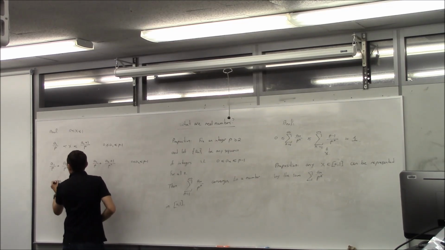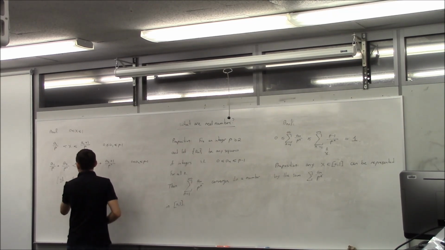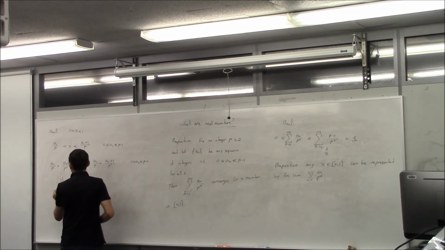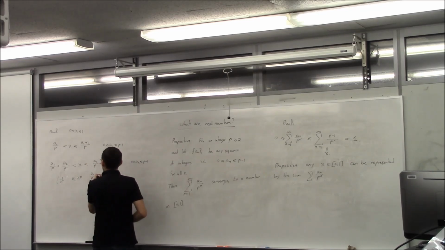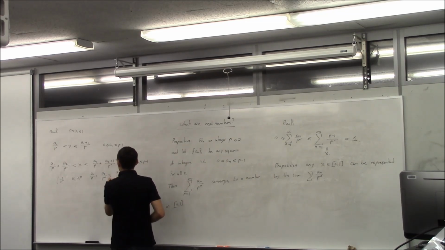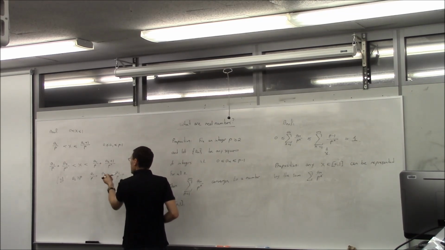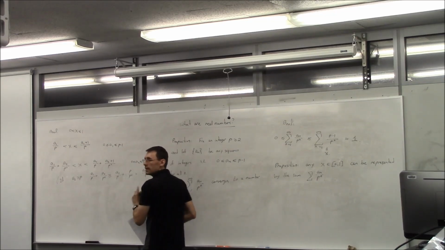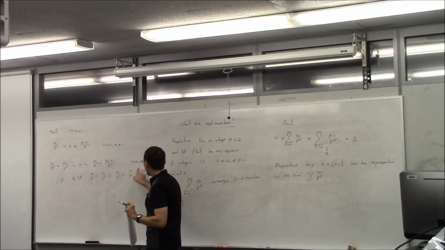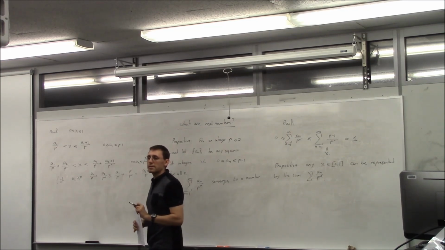If a2 is bigger than or equal to p, then a1 over p plus a2 over p squared is bigger than or equal to a1 over p plus p over p squared, which is equal to a1 plus 1 divided by p, which is bigger than x. So by the previous step, I cannot make a2 go beyond p minus 1.